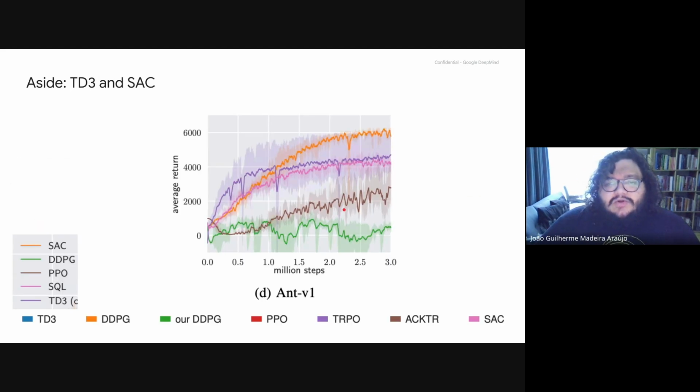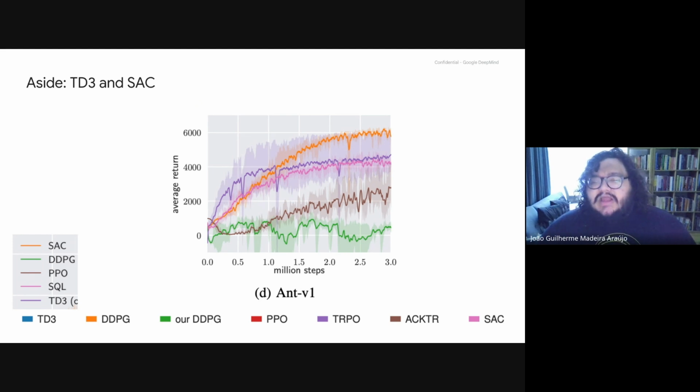Okay, and now we're going to go for a quick aside, but that's also going to be related to all of this, which is the TD3 and SAC papers. These 2 papers are used for mostly continuous control, if I'm not mistaken. They were released in 2018, so a little bit after Deep Reinforcement Learning That Matters. And sorry for the silence.